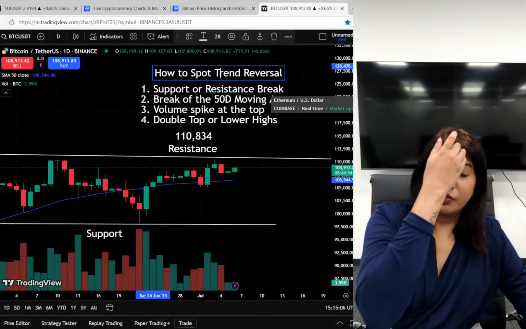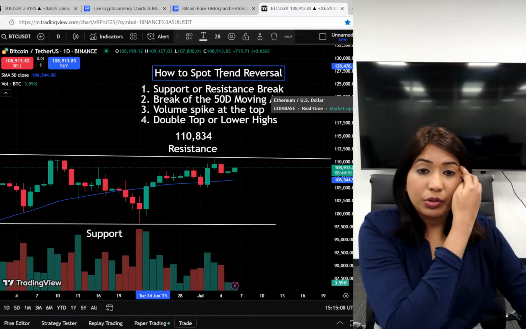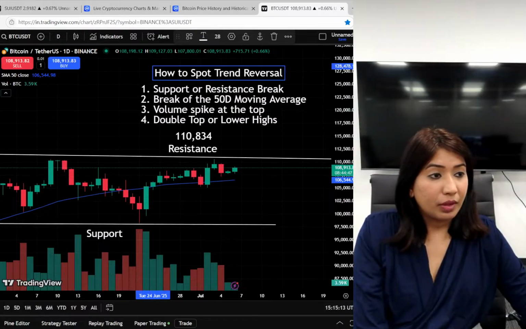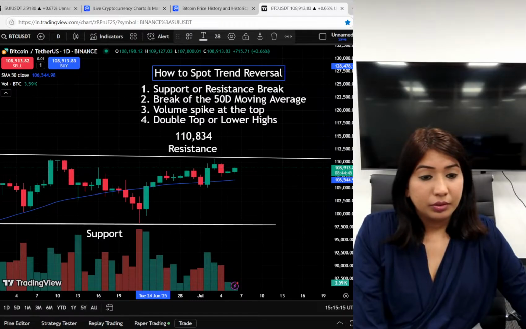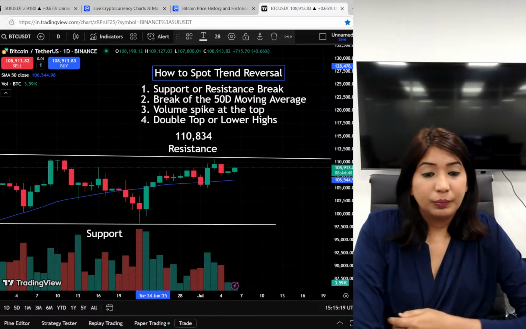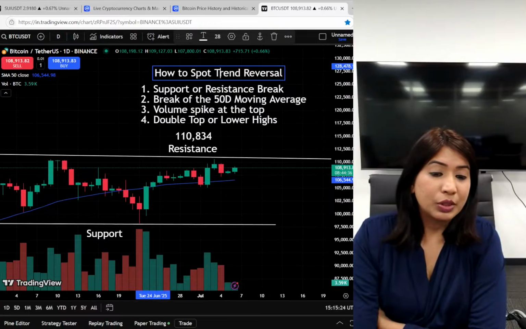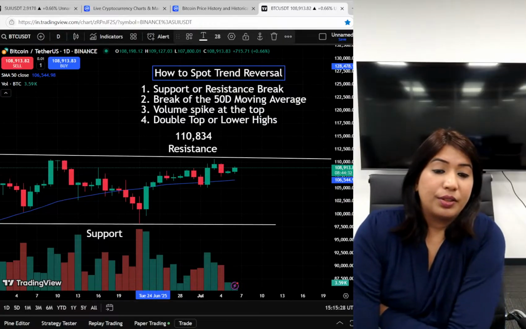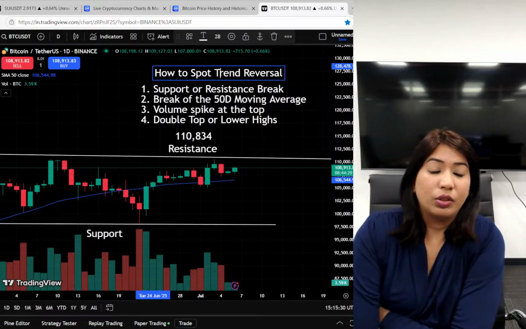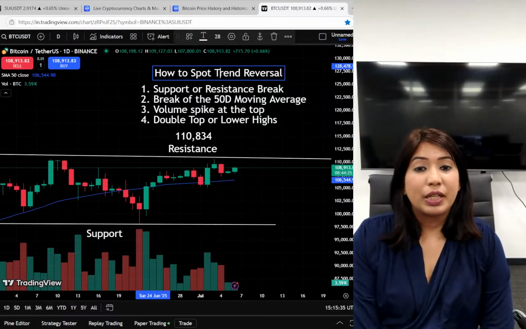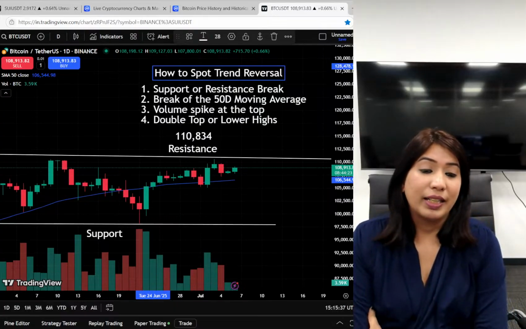So these are the 4 points that we need to remember in order to spot the trend reversal. Support and resistance break, which is very important in order to determine. And if there's a break on the 50-day moving average, so the 50-day moving average for us is 110,834.